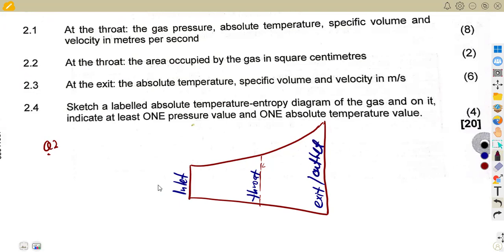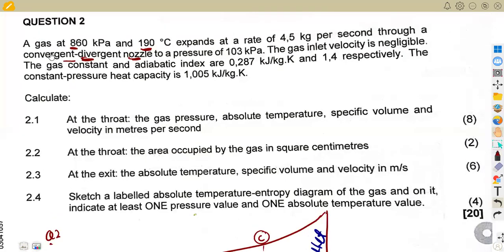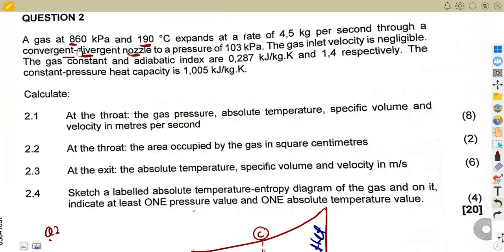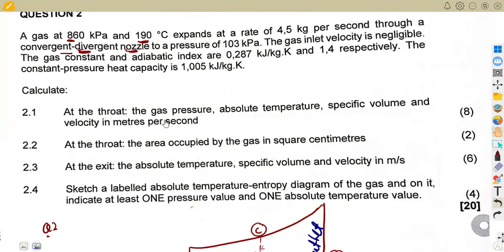So here at the inlet, you can just refer to it as 1, at the exit as 2, then at the throat as C for the critical conditions. We are given that the gas is entering at 860 kilopascal.